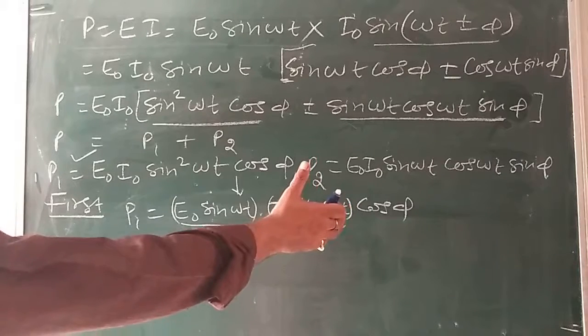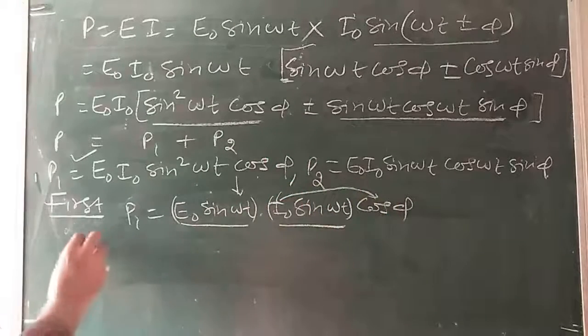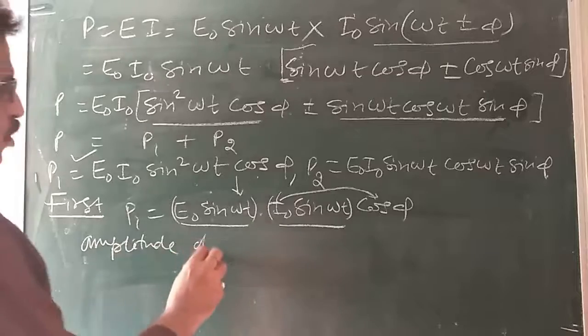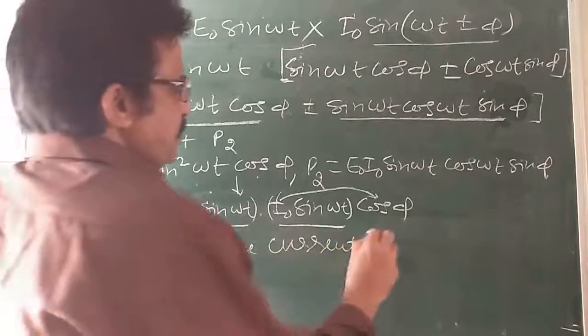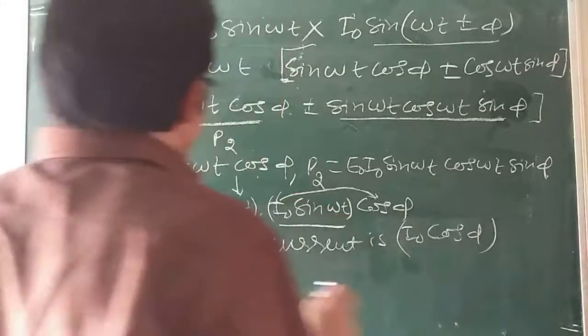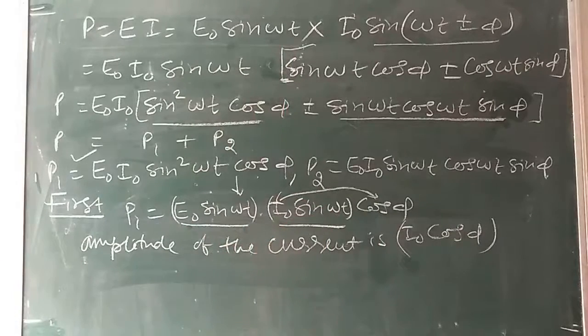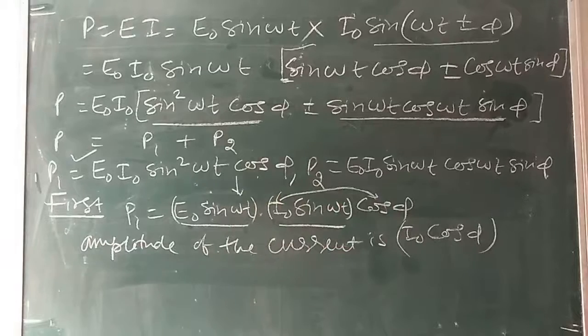Here I can say in this part the amplitude of the current is I naught cos phi. So E naught sine omega t and I naught cos phi sine omega t. We can say like this. Both are in the same phase.